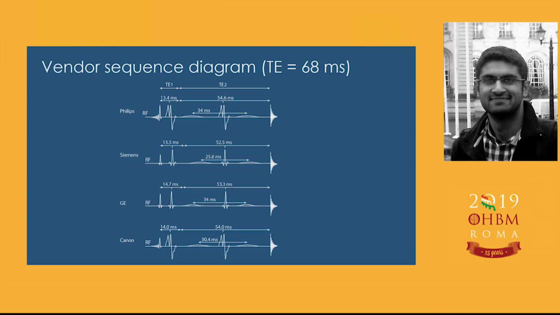The refocusing pulses are also asymmetric for Philips and Canon, while they are symmetric for Siemens and GE. The editing pulses differ in waveform, but also in how far apart they're kept, and that affects your editing as well. In terms of timing, TE1 and TE2 are also different across vendors. These differences lead to edited signals with different patterns, and that can also cause variation in your measurement.